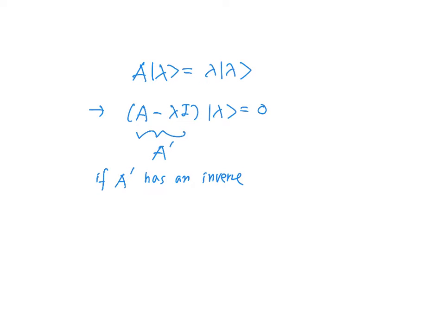Simple. When A prime has an inverse, this lambda vector is 0, right? If you want to get some meaningful result, the only condition is A prime should not have the inverse, right? So this is so trivial.